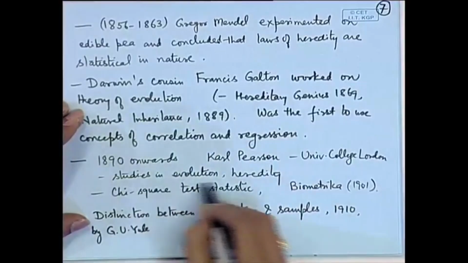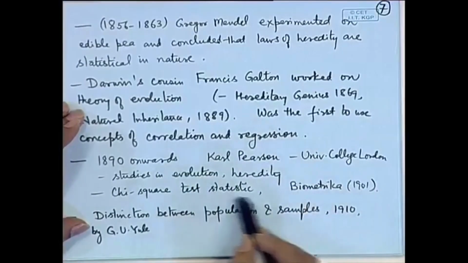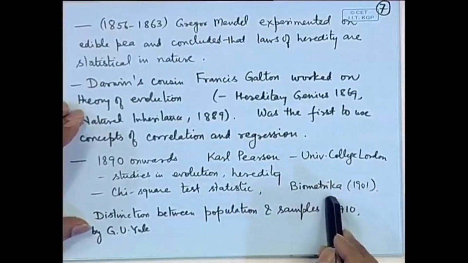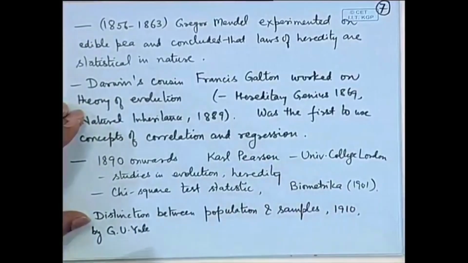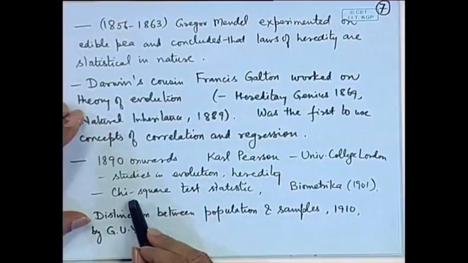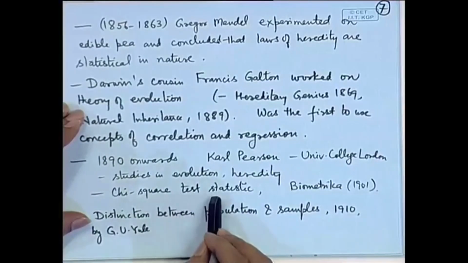He was doing studies in evolution, heredity and various other aspects. In 1901, he started the famous journal Biometrika, one of the top journals for the study of statistics. He was the first one to talk about the chi-square test statistic.